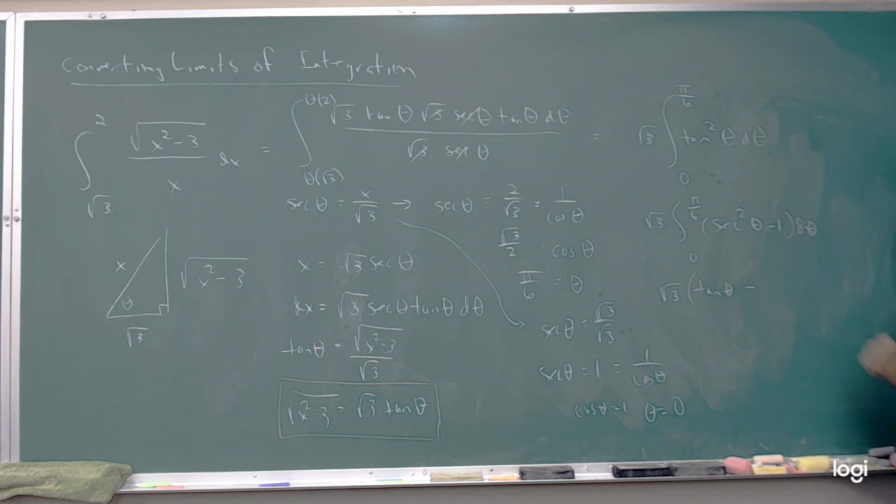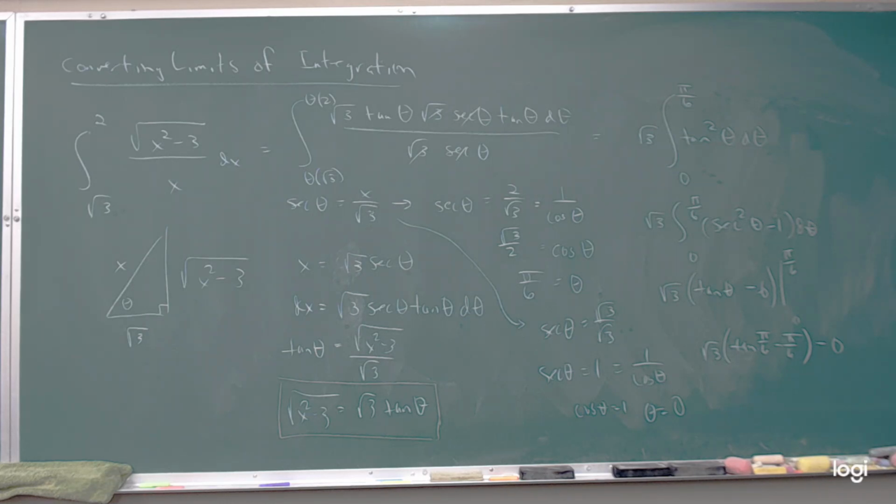The integral of 1 with respect to theta is theta, and we're going to evaluate that from 0 to pi over 6. So we're going to get the square root of 3 times tangent of pi over 6 minus pi over 6. And from that, we'll subtract in the tangent of 0 is 0. That's going to be 0 as well, so we don't have to worry about the lower limit.